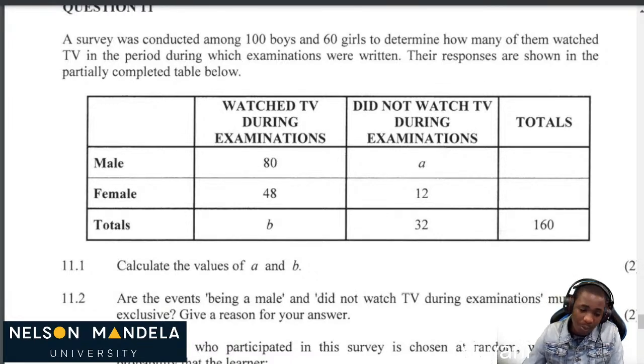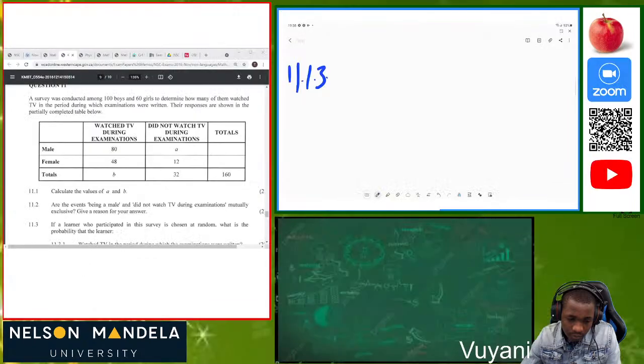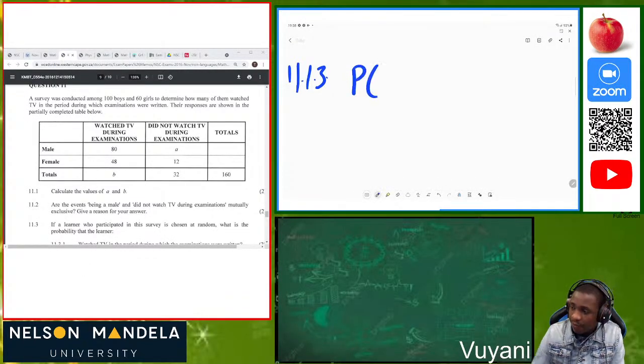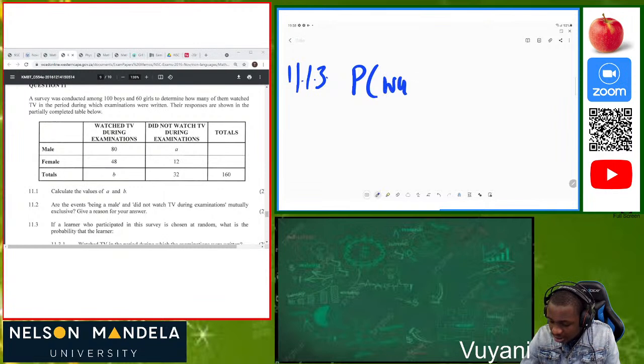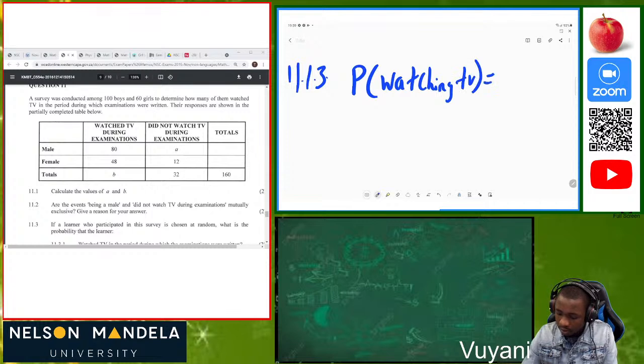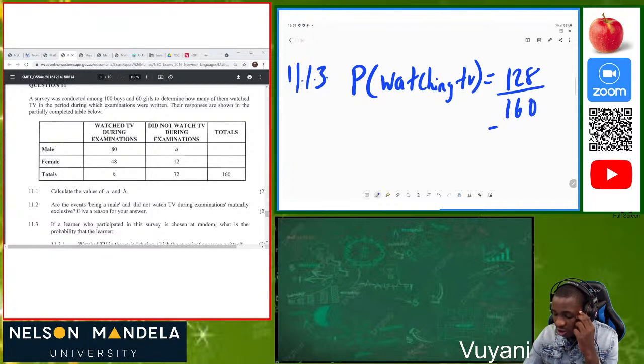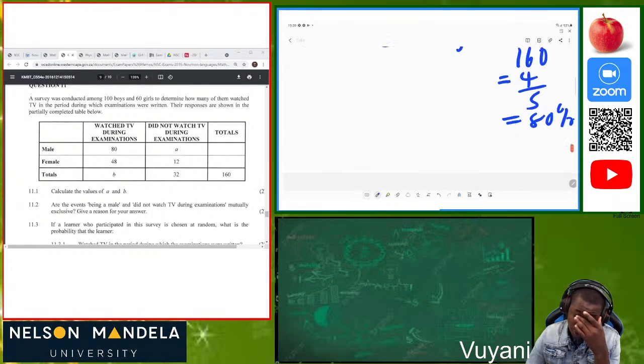So we want the probability of a student watching TV. Choosing randomly, it will be B, 128 over 160. Then you can reduce it. When you reduce it, it's going to be 4 over 5, which is the same as 80%. So that will be your answer.